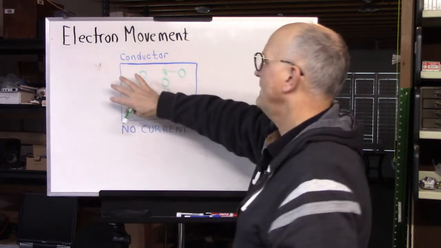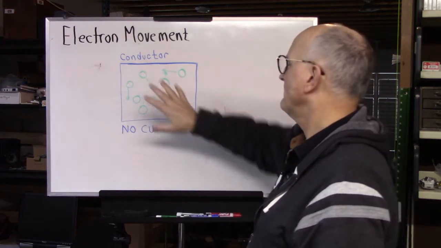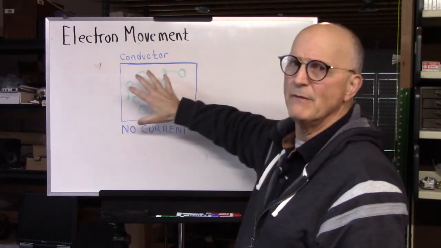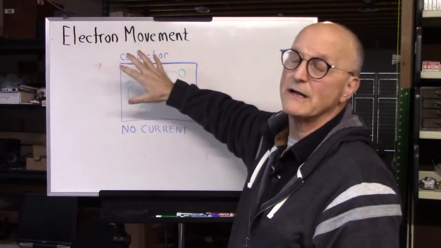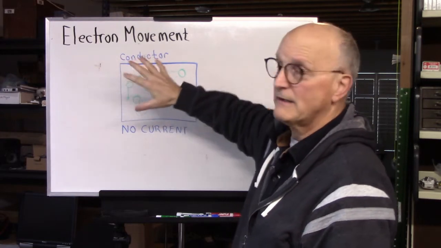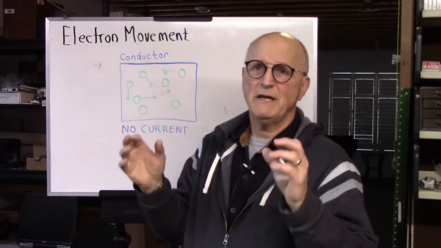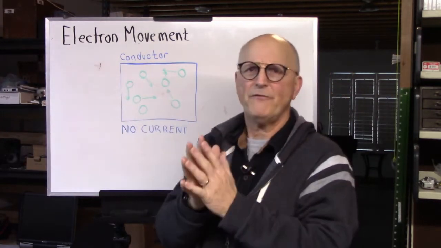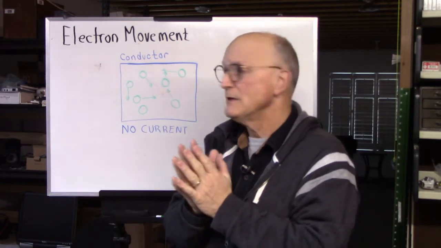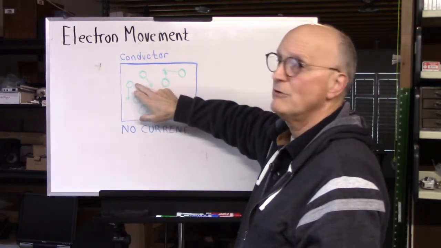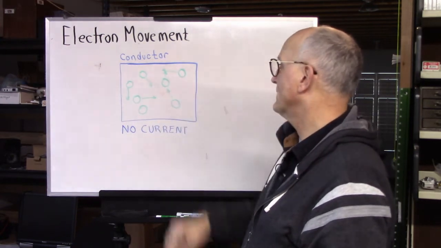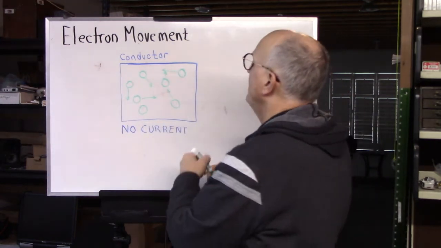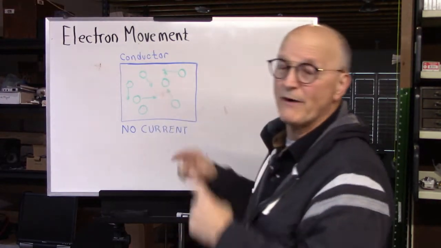If you were to take the vector sum of all of the movement of all of the electrons in that conductor, it ends up being 0 because it's perfectly random. So this electron is moving just as far in the down direction as this one over here is moving in the up direction.